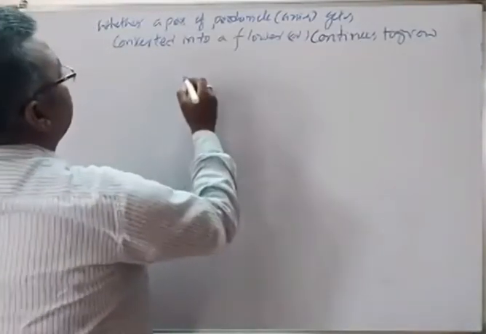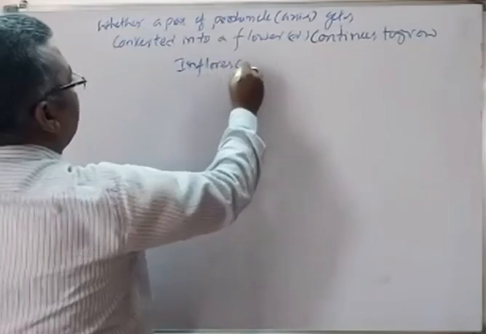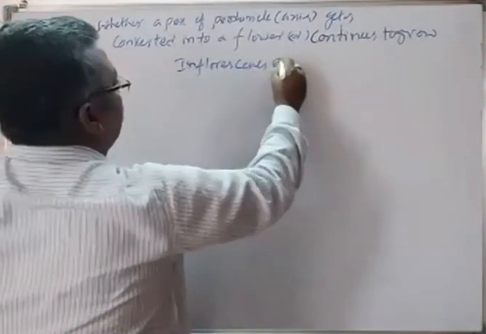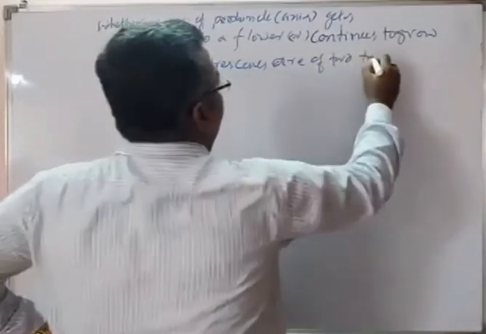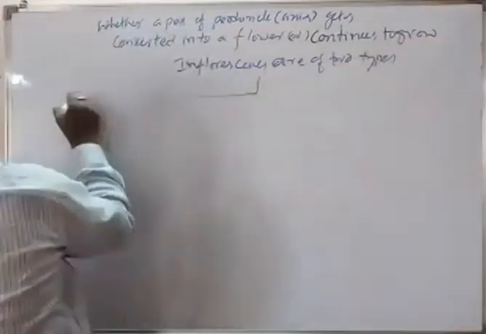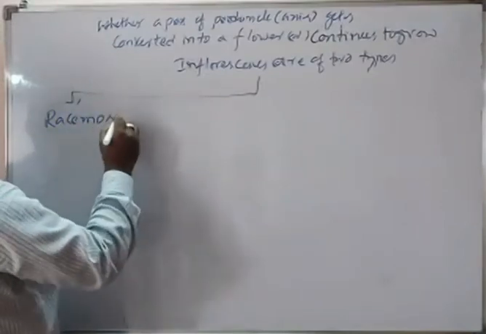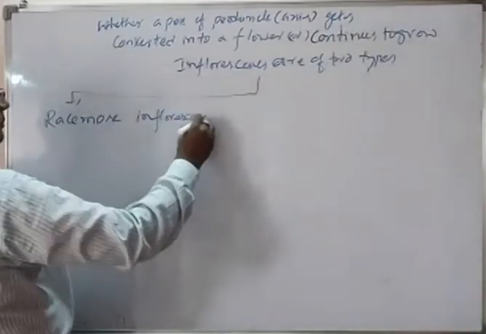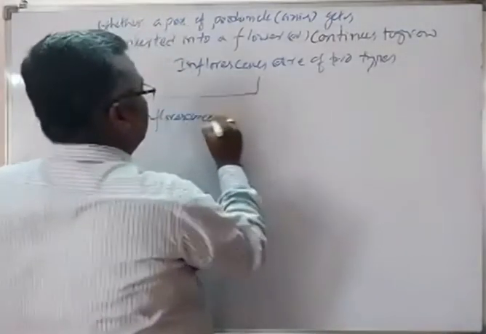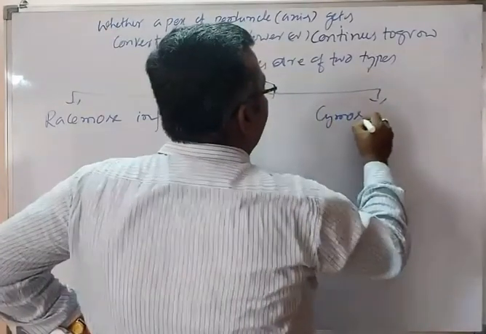Inflorescences are of two types. Number one, racemose inflorescence. Number two, cymose inflorescence.